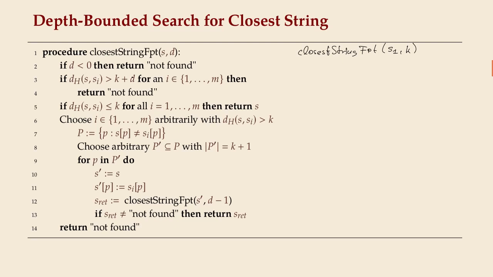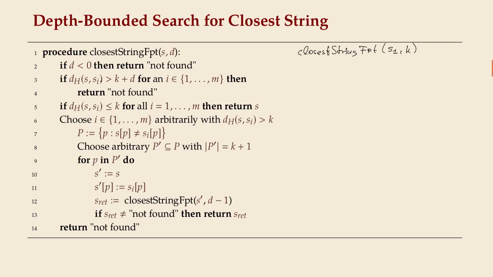But if at some point you find that the current solution s is actually a solution to the problem, because it has at most k mismatches to any of the strings, then you just return that. Then there's a condition where we can also for sure exclude this branch of the search tree. We will talk about in a second why this is true.